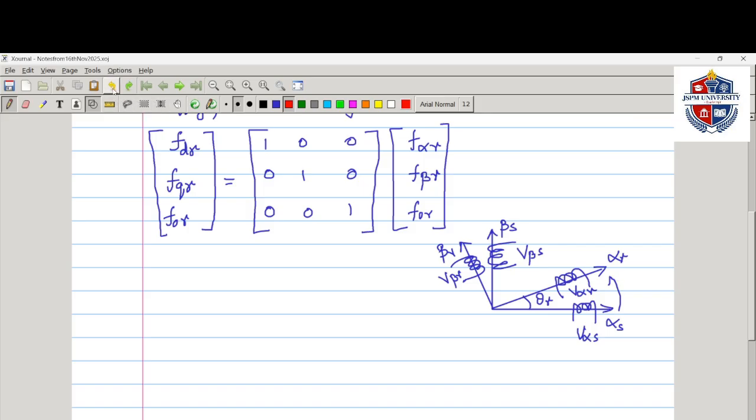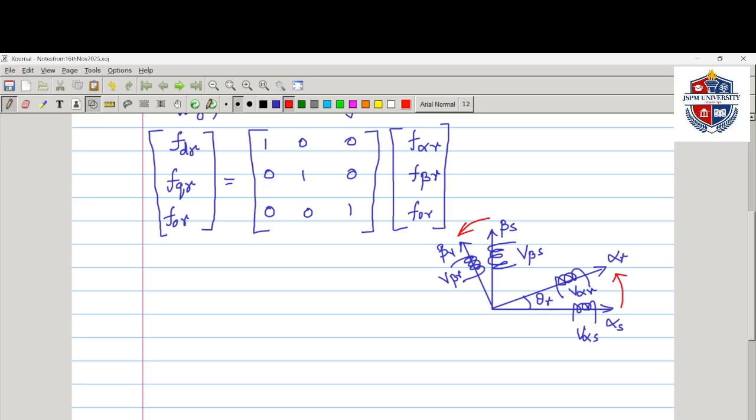So in this case, the stator variables are fictitious in the rotor, and the rotor variables are as such.